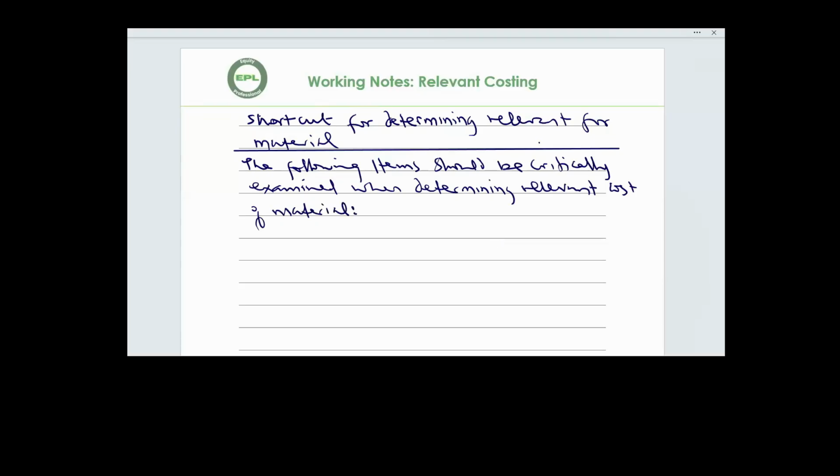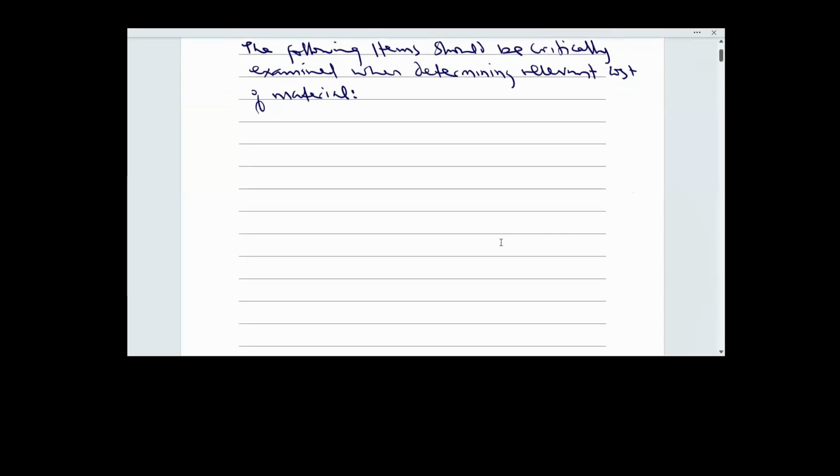What are the items? There are three of them.